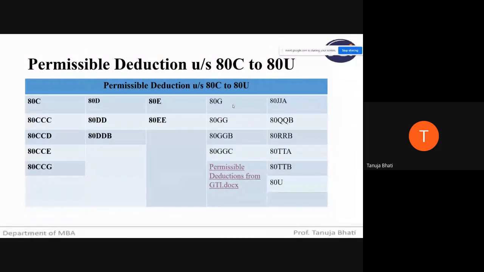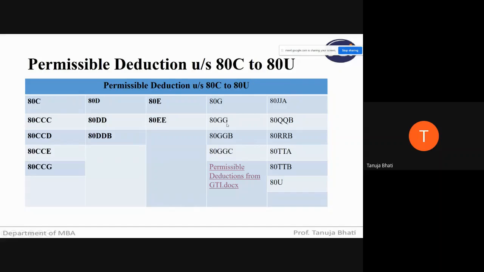It is nothing but 10% of adjusted gross total income. Now, what is adjusted gross total income? Your gross total income reduced by the deductions from chapter 6A, that is from 80C to 80U except 80G, and your short-term capital gains and long-term capital gains. Subject to that, whatever you get as 10% of gross total income, first you have to set off the third category and then the balance in the fourth category.